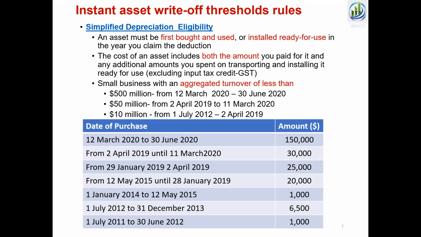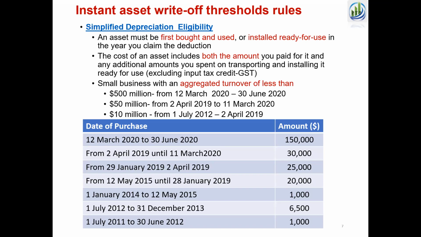If they purchase after the 12th of March, they can deduct 150,000 immediately. If they purchased before March 2020, after April 2019, that amount is only 30,000, right? So less than 500 million means they will be eligible for this.